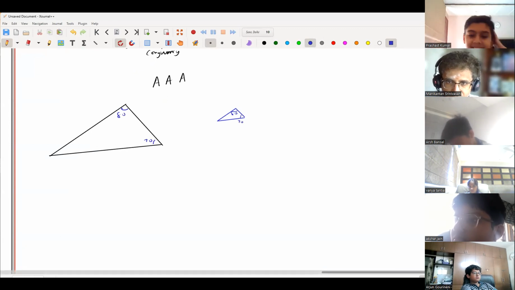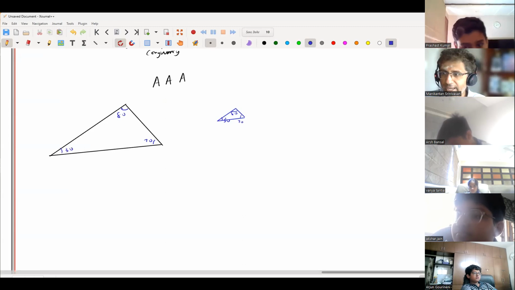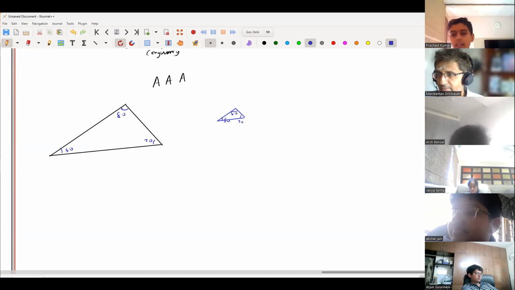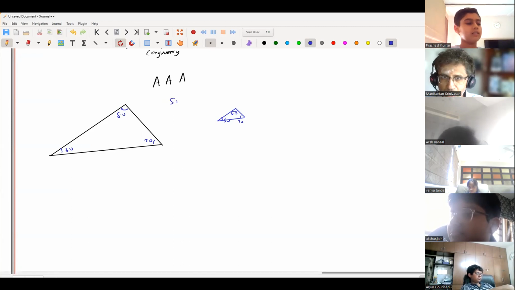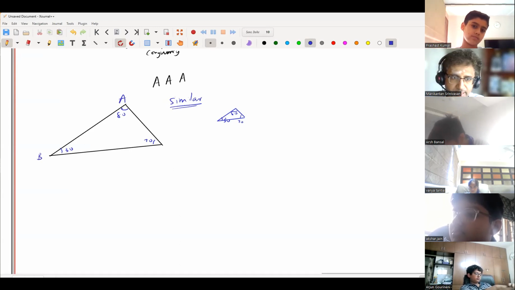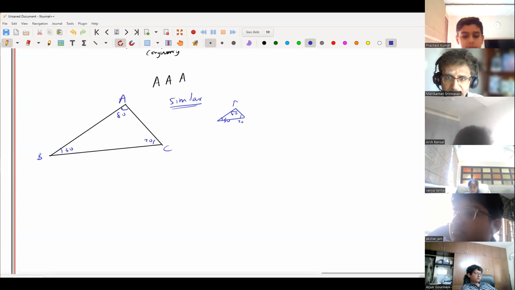And this is whatever the balance is, 30, I think. 30 and 30. Then these two triangles are the same shape. The angles are all the same, but different size. Visually, we can see the different size. Therefore, by AAA property, these two triangles are similar. Not congruent, but similar. Now, as a result of similarity, what happens? There's something called scale factor. So let's say this is ABC and this is DEF.